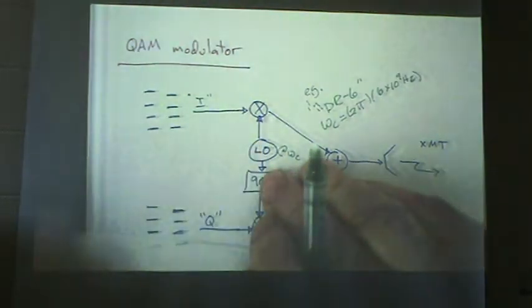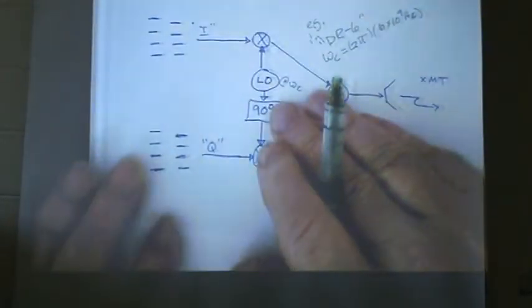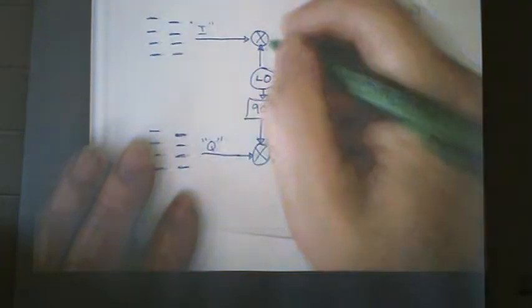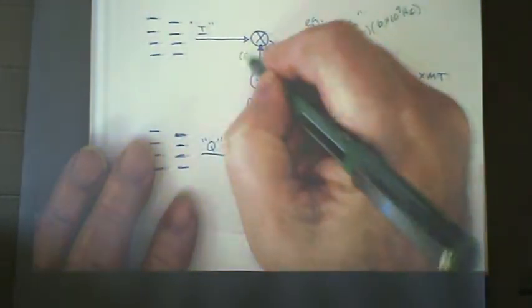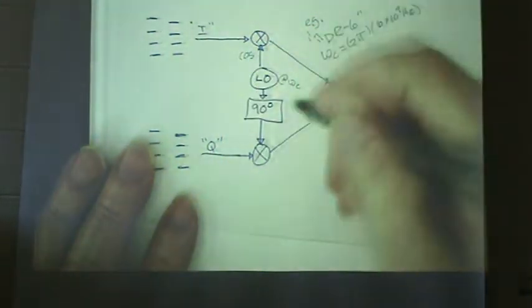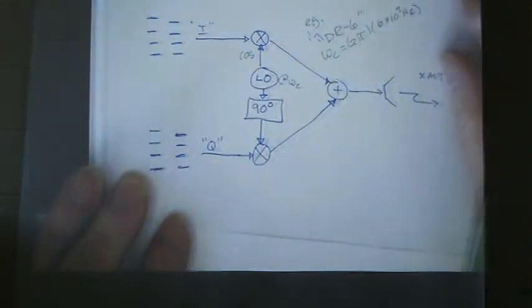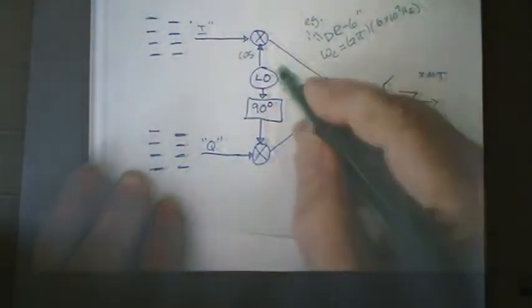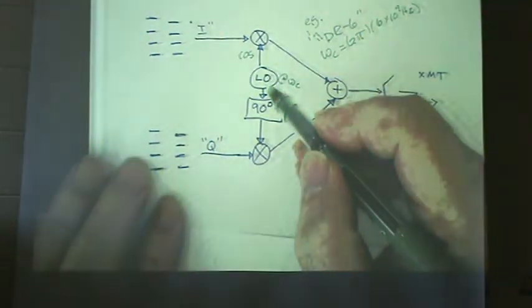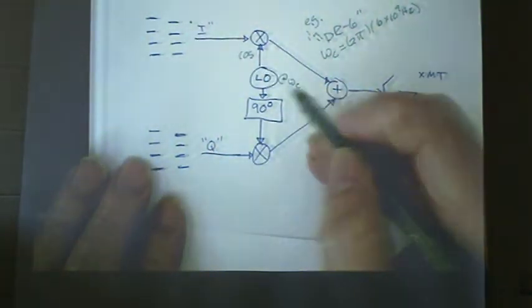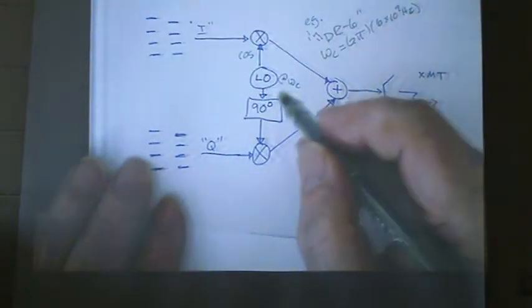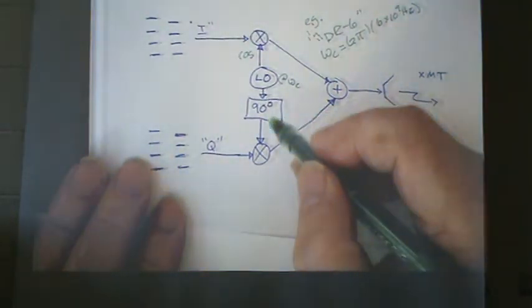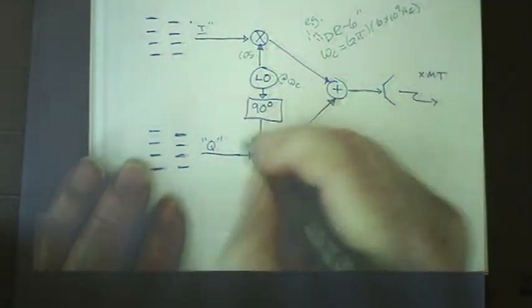Now in QAM, I take advantage of the fact that if this is cosine, then it's like another polarization, like another channel for free. Take that same local oscillator, that cosine of whatever frequency I'm at, shove it through a 90-degree phase shift box, and I just turn cosine into sine.